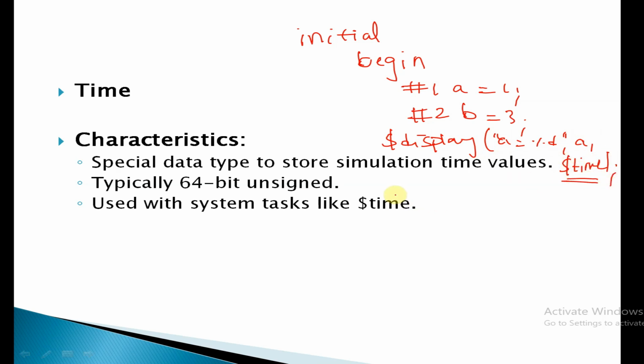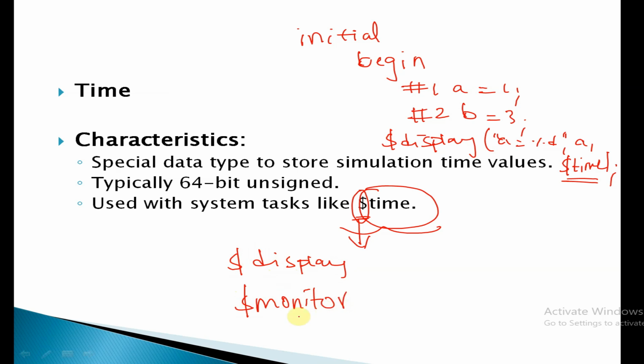This $time is a system task. Any keyword which starts with the dollar symbol is a system task, like $display, and you have other system tasks like $monitor and $strobe. The time variable is used to display the time of execution, or simulation time.